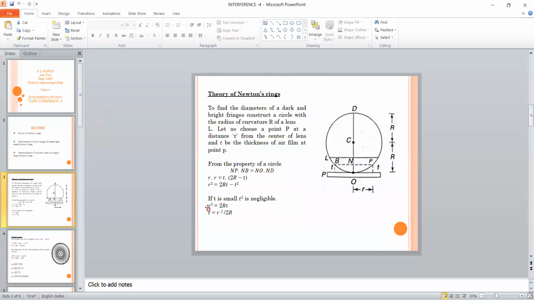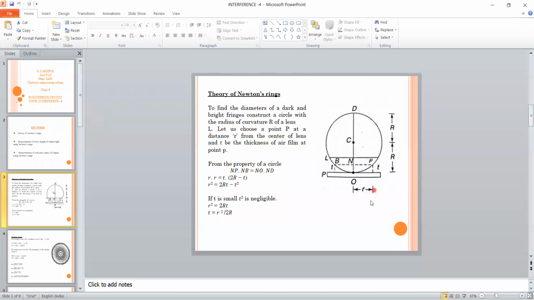In the same way, if t is small, then the t square value we simply neglect here. Why? Because as t is small, t square value is negligible. So finally we get r square is equal to 2Rt. Then t is equal to r square by 2R, where t is the thickness of the air film.